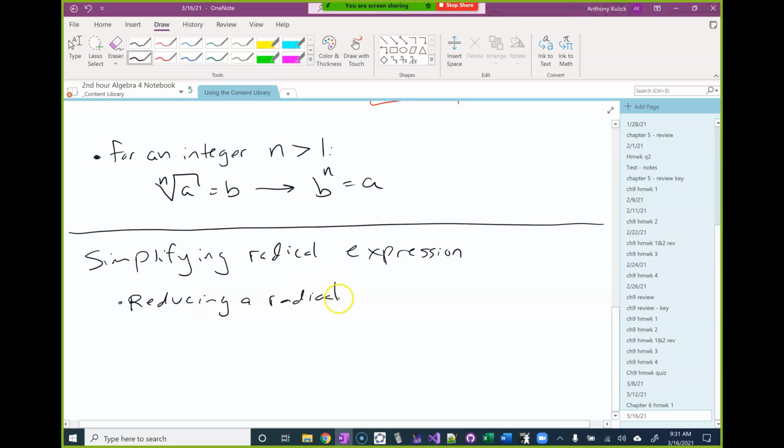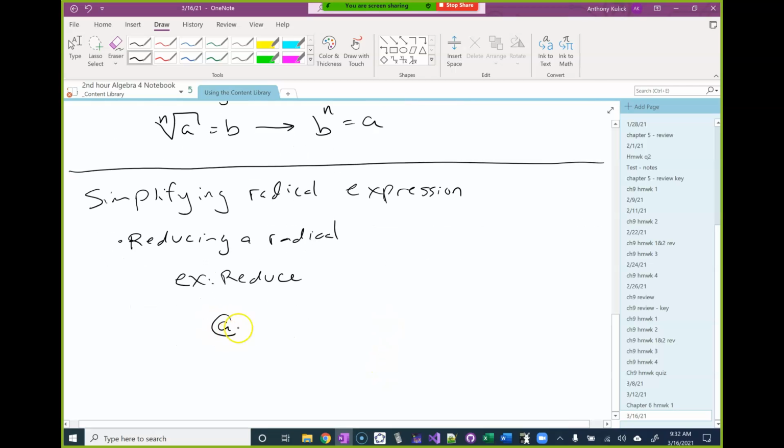The second is going to be multiplying radicals. We're going to basically just do a bunch of examples and talk through how to do this. I'm not going to describe this in general because it's easier to just do it with a bunch of examples, I think. Okay with that plan?